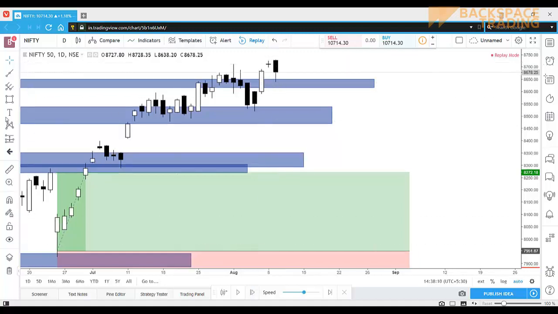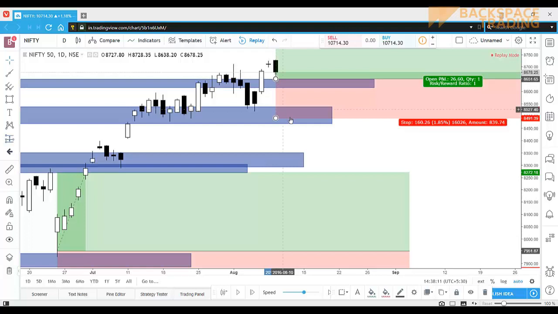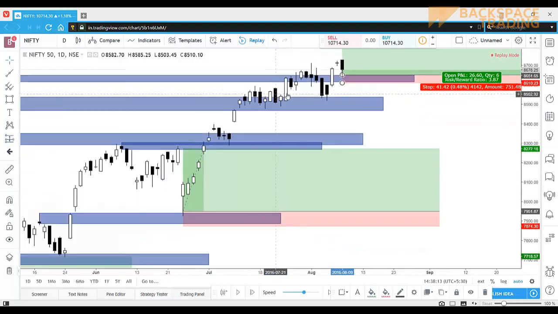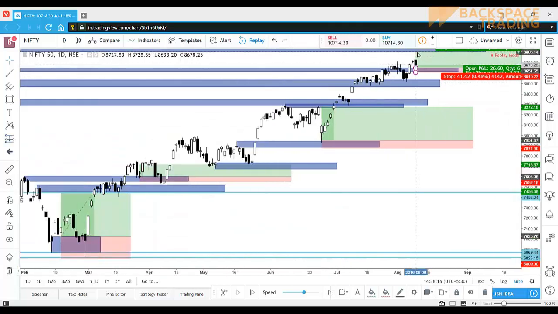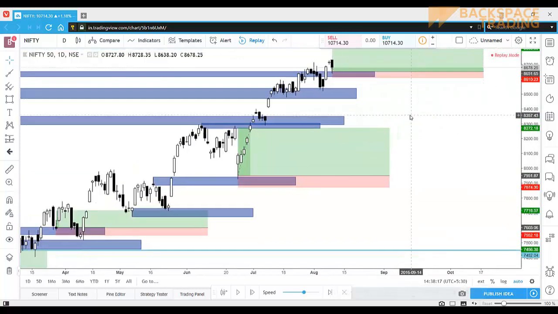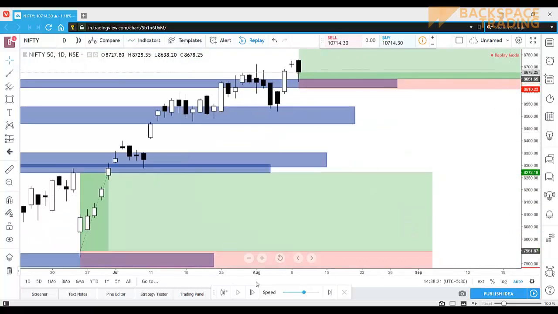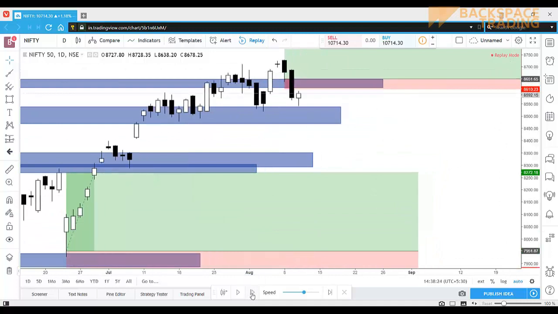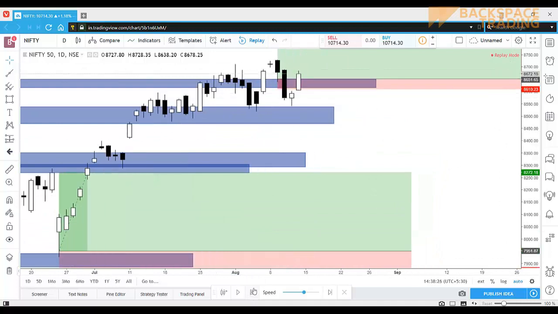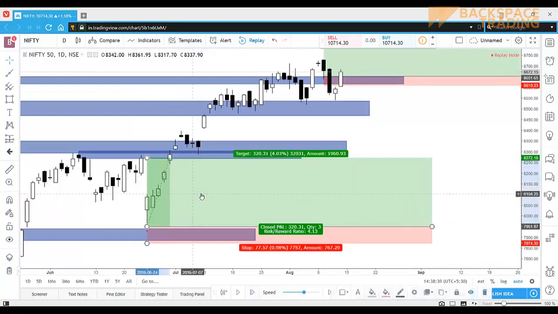This is a fresh set of trade. You take it. Your target is, yeah, exactly somewhere over here. How much is the risk reward ratio? 3. Awesome. Let's see what happened. You took a loss. Take it. Your loss is so small because on this trade you made 4.